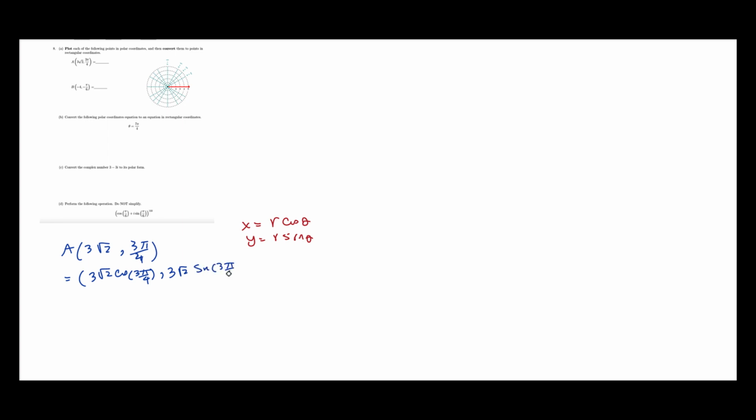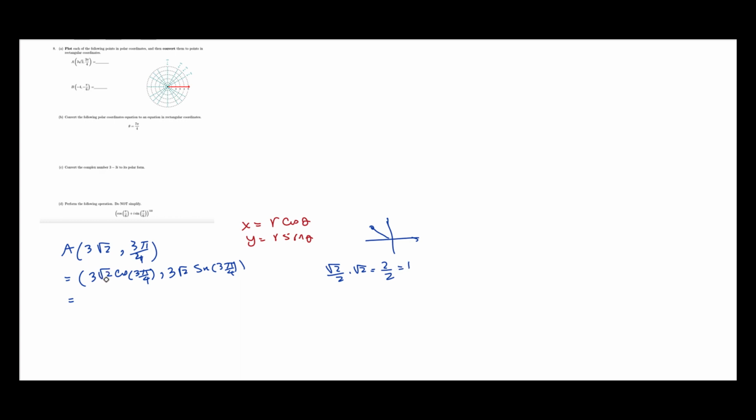and 3 square root of 2 sine of 3 pi over 4. 3 pi over 4 is in this quadrant, so cosine is a negative value, and both of them are square root of 2 over 2. By the way, square root of 2 over 2 times square root of 2 is just 2 over 2, equal to 1.